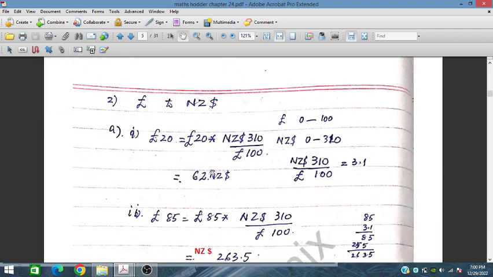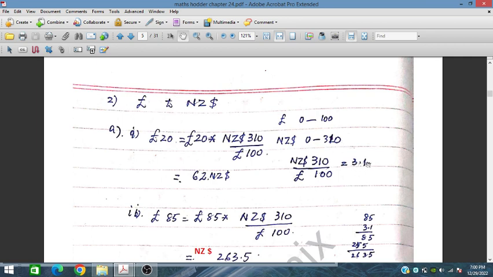So in this graph, pounds to New Zealand dollars, 20 pounds is equivalent to 20 pounds into 310 by 100. We see that 0 to 100 pounds is equivalent to 0 to 310 New Zealand dollars. So the conversion ratio is 1 to 3.1.